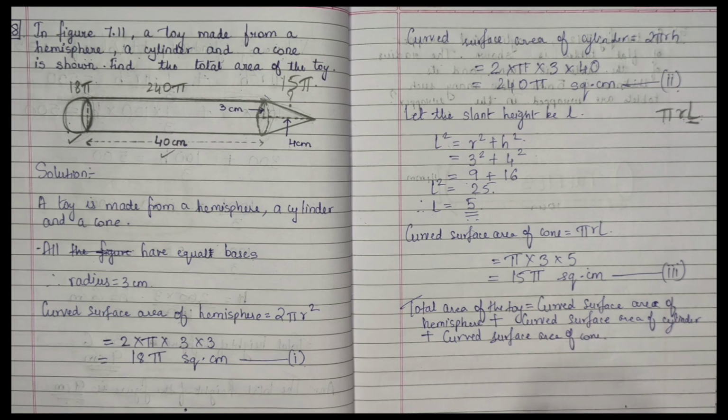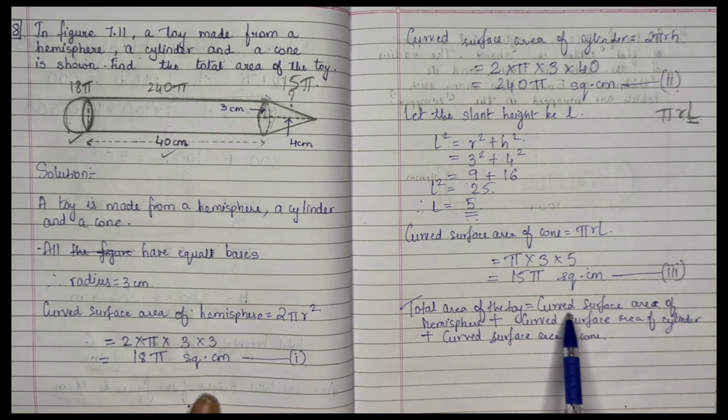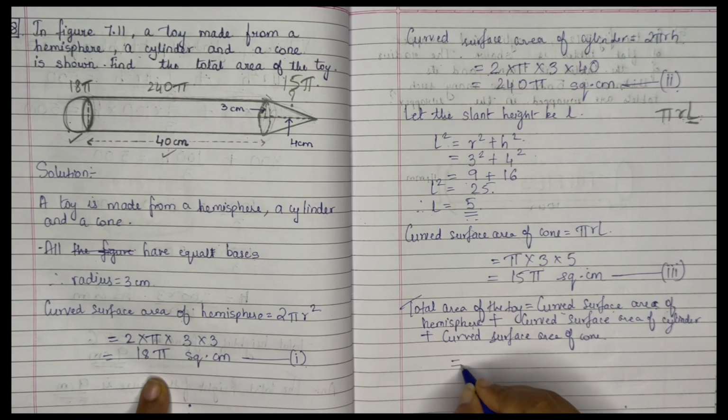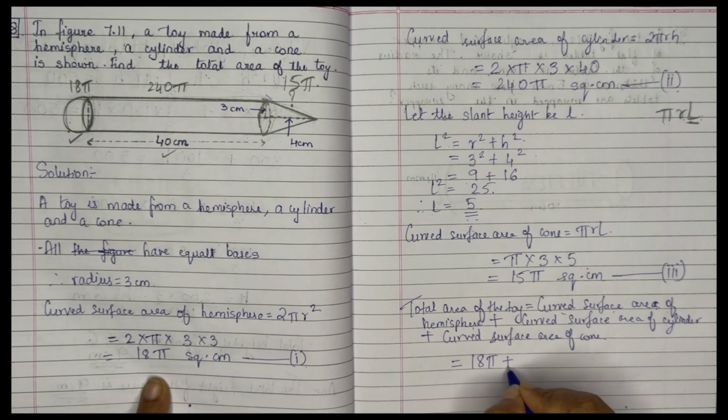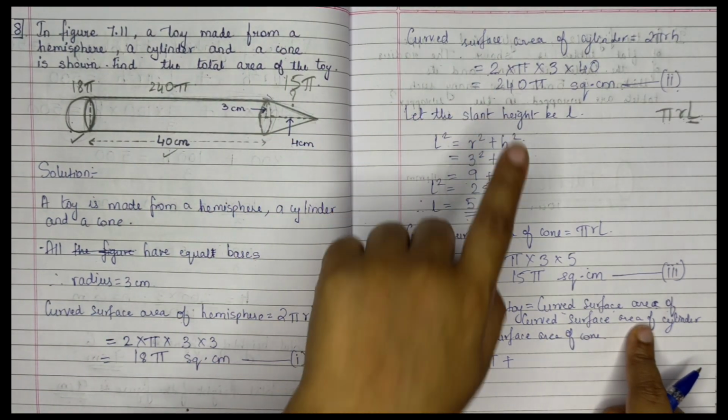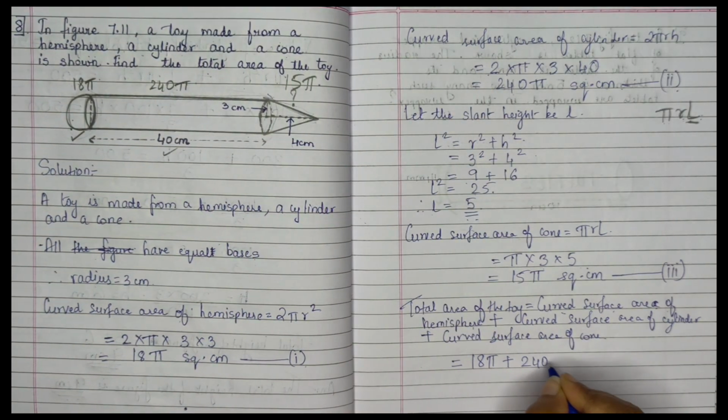Now we will add all three. So first is curved surface area of hemisphere. Hemisphere we got 18 pi, plus curved surface area of cylinder. Cylinder we got 240 pi, plus curved surface area of cone.